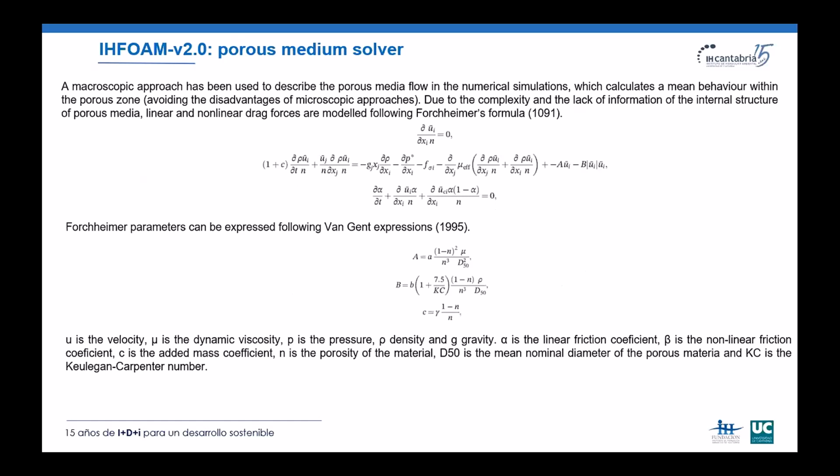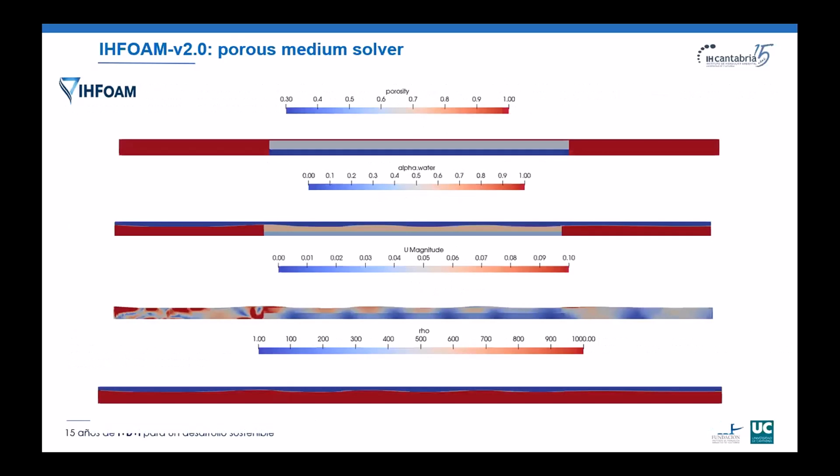And for defining the Forchheimer parameters, we're going to be using the expressions by Wang 1995 for the A, the B, and the C. So if we have, for example, a wave flow, and we put inside this two-dimensional domain 2 porous zones, we can see here on the first picture the most important part of this new implementation: now the water is going to be bounded between 0 and porosity.